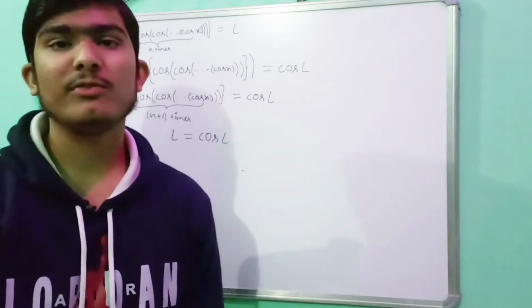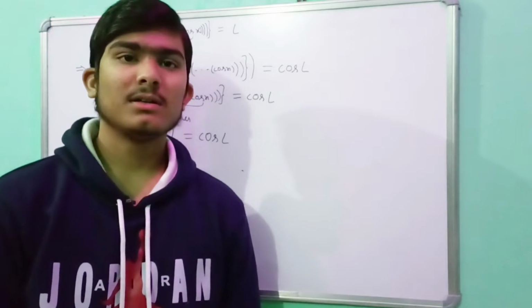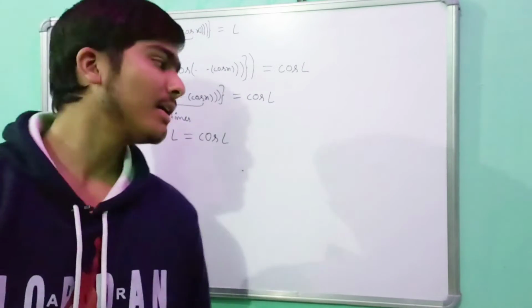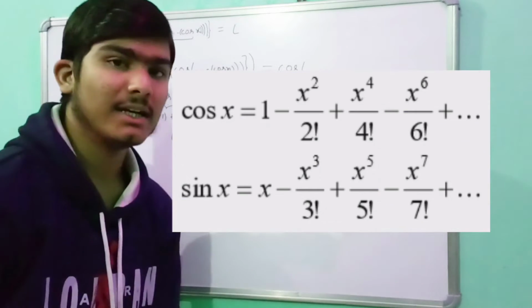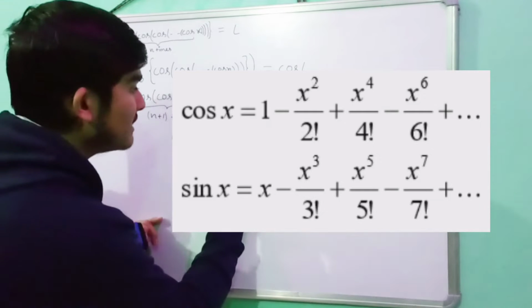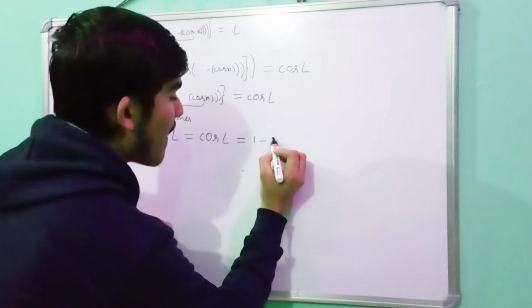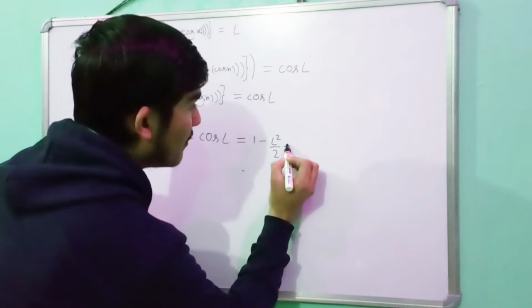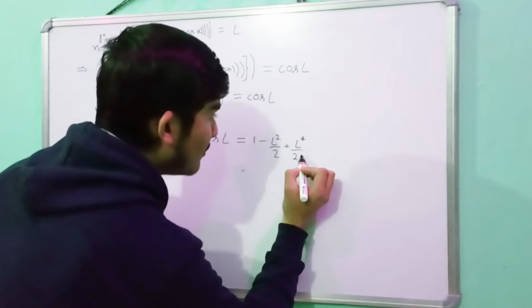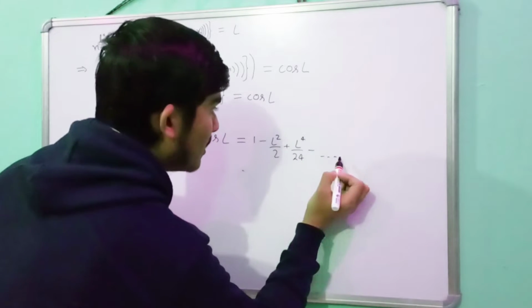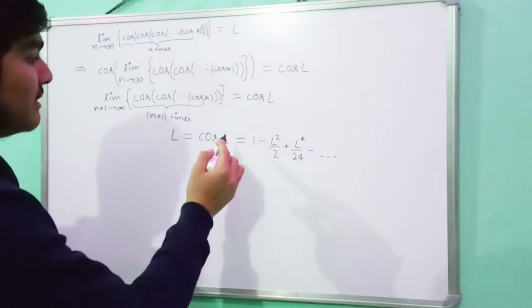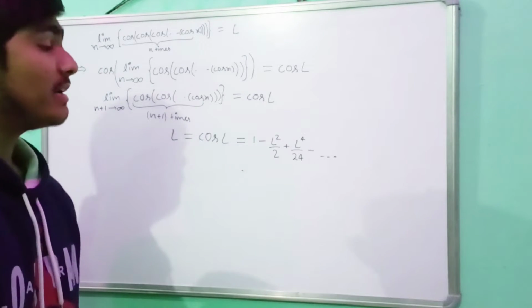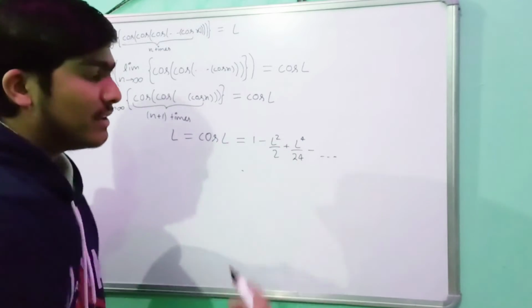There are many ways to continue from here, but I would like to discuss the easiest way. If you know the expansion formula of cos x, then you can write this as 1 minus L squared over 2 plus L to the 4 over 24 minus and so on. So now we are aiming to solve this, but it would be even tougher because there are infinite terms here.